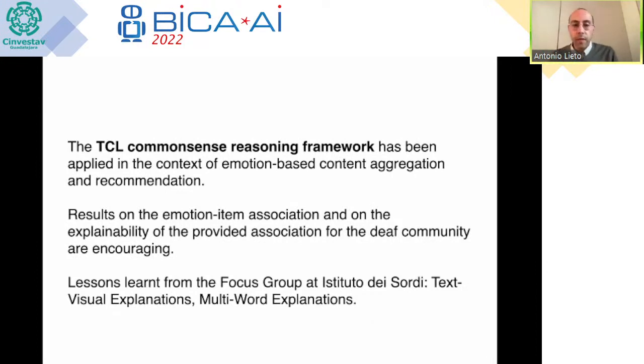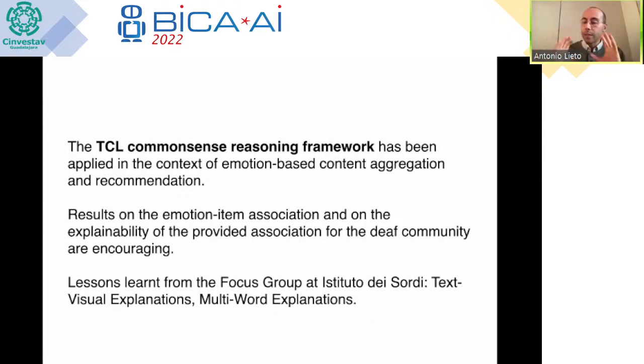And we have also started to test the perceived level of explainability for the deaf community of the recommendations that our system provides, and how much they like these forms of inclusive recommendation.